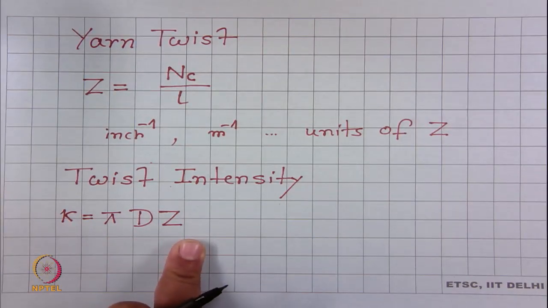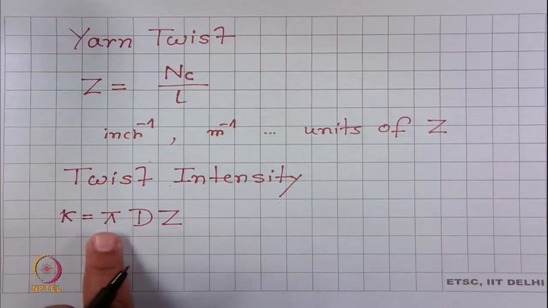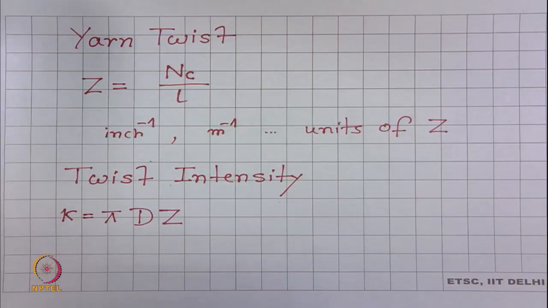So, twist intensity is equal to pi d z. Now, there is a very interesting physical meaning of this parameter, twist intensity. We will come to that, but before that look at the dimension.